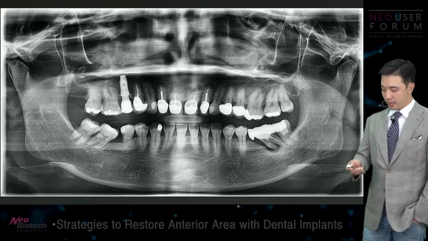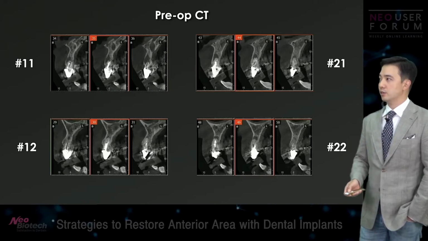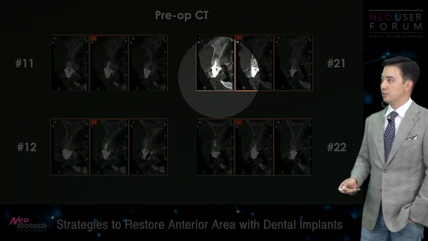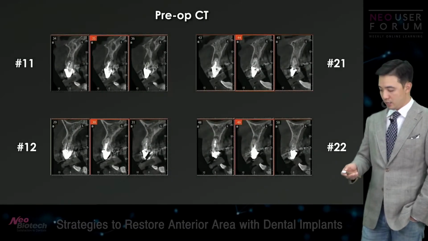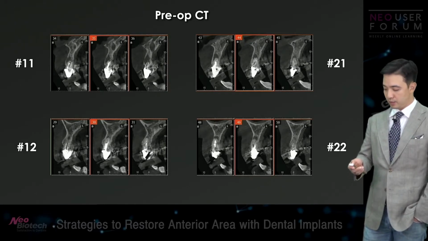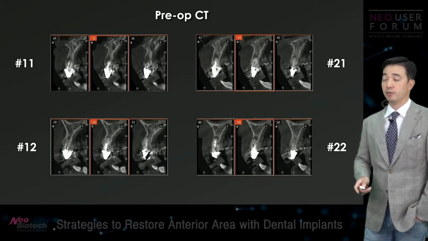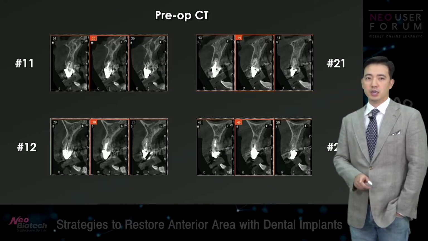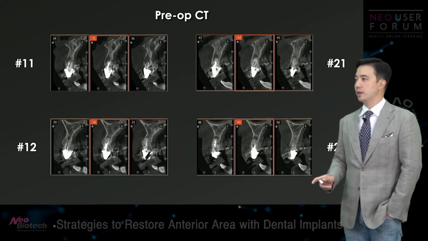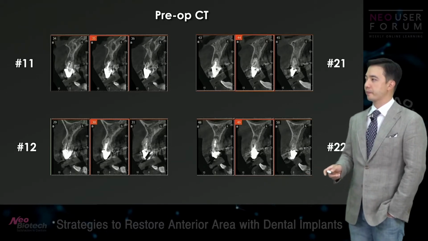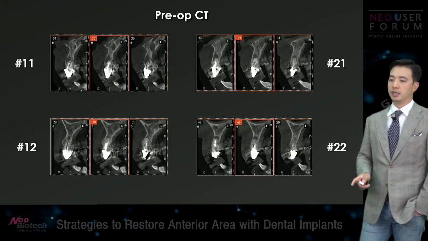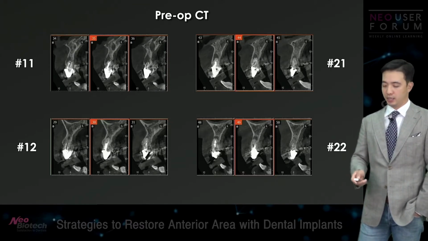But all of them had periradicular pathosis, as you can see from the CT scan. So what we decided to do was to take them all out, place implants on number 12 and 22 and make a 4-unit FPD.